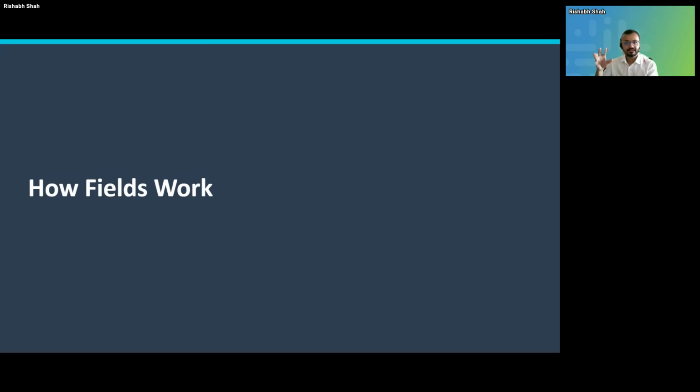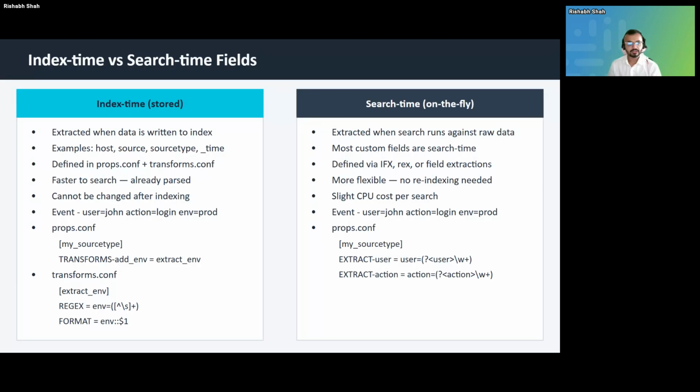I'll show you when we go into one example, where we see the fields and what they look like. But before that, let's quickly jump into one of the main scenarios: how many types of extractions there are. Fields are somewhat automatically extracted by Splunk, but some we need to extract manually.